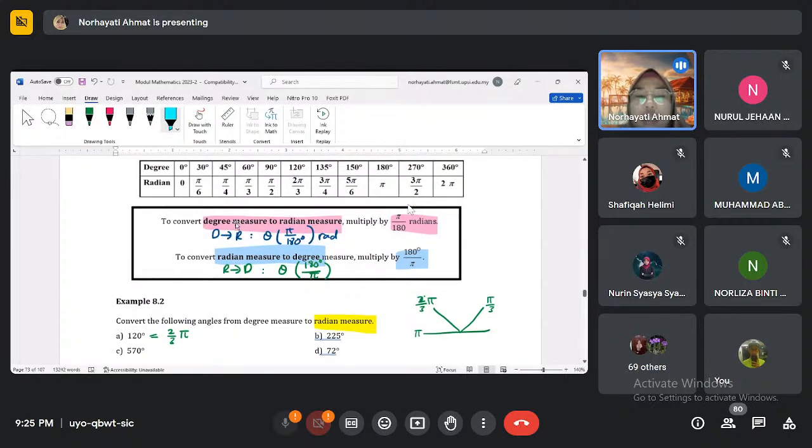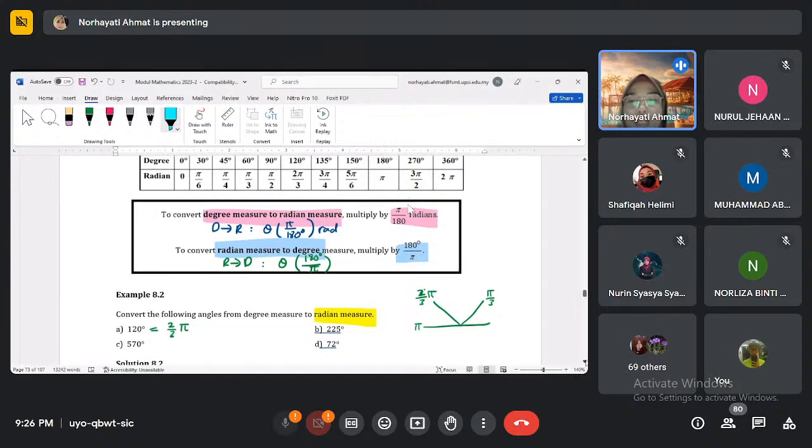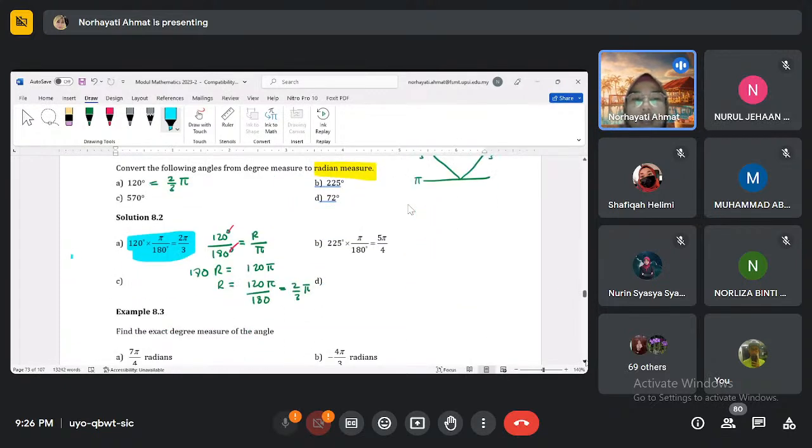If we want to convert degree to radian, sometimes kita tersilap guna rumus. So untuk save, better we use the ratio: degree per degree, radian per radian. Baru kita dapatlah sudut dia. Boleh kelas? Ada soalan?